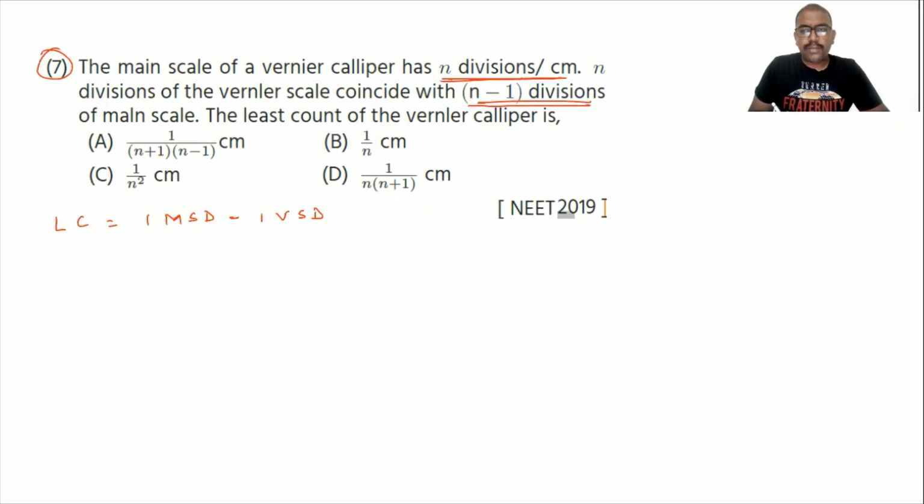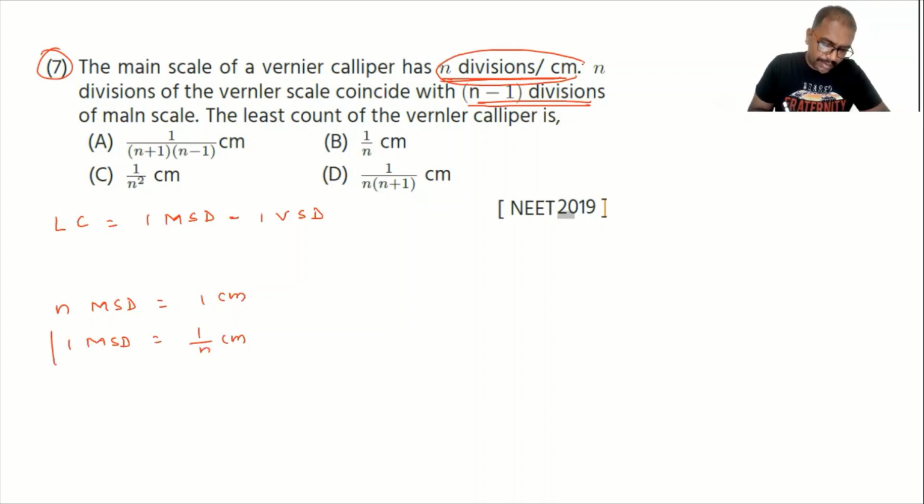We have to find out how much 1 main scale division is and how much 1 vernier scale division is. They have given that the main scale of the vernier caliper has n divisions per centimeter, meaning n main scale divisions is equal to 1 centimeter. Or you can write 1 main scale division is 1 by n centimeter.